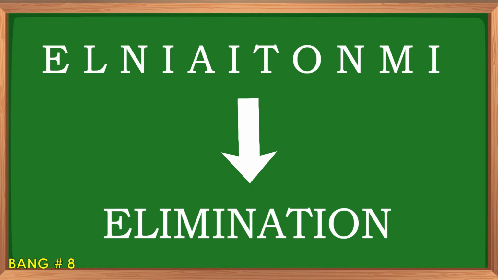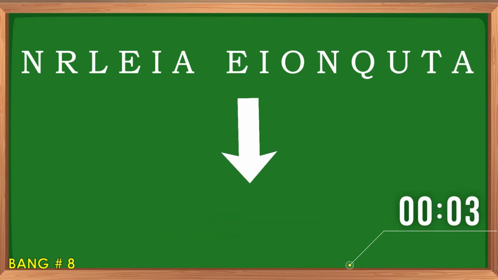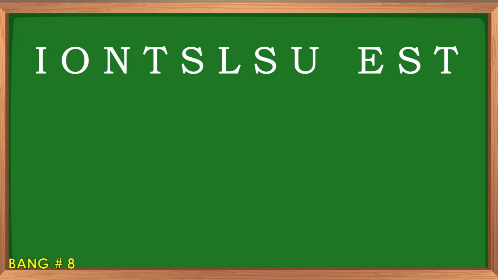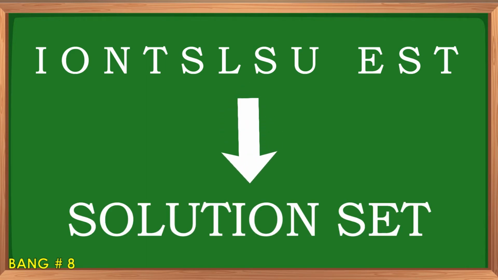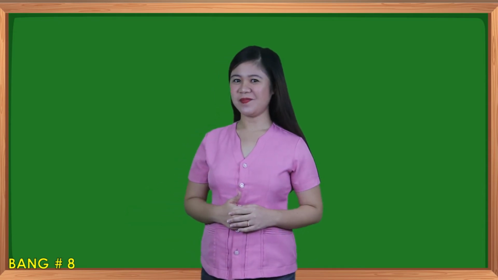Perfect. Next jumbled letters, the answer is linear equation. And lastly, awesome! The word is solution set. Wow, you're awesome!